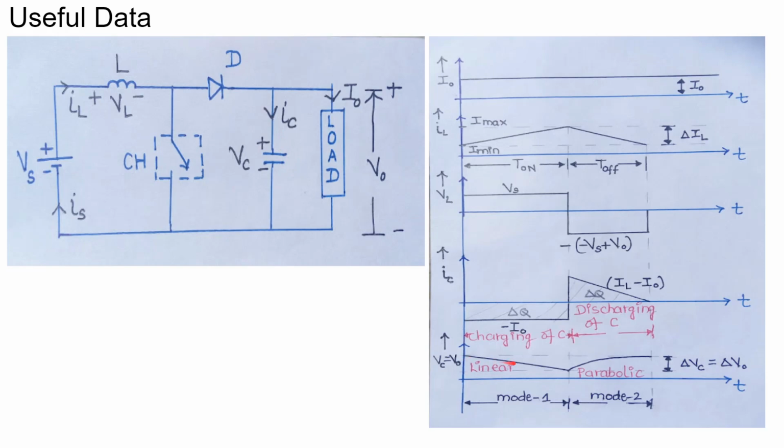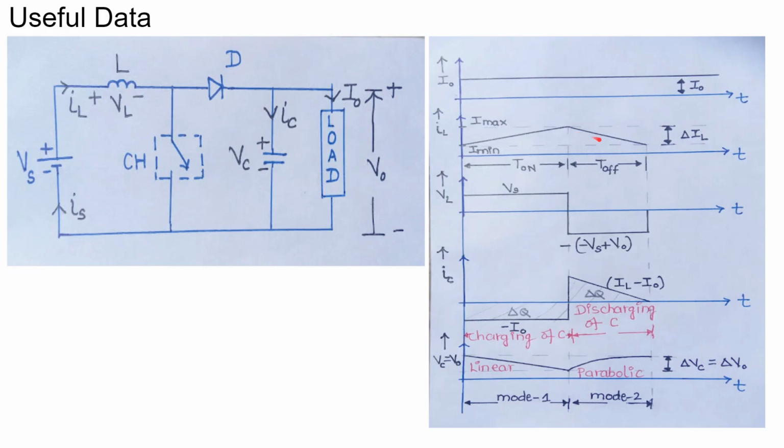The voltage across the capacitor decreases linearly over time period T. Here, the load voltage and the capacitor voltage are the same since these two are in parallel. Now, when the switch is open, the inductor is going to discharge, because in the previous period when the switch was closed, the inductor charged.